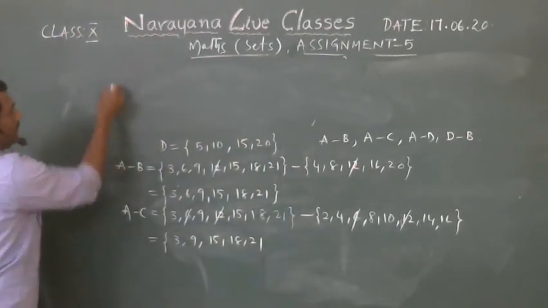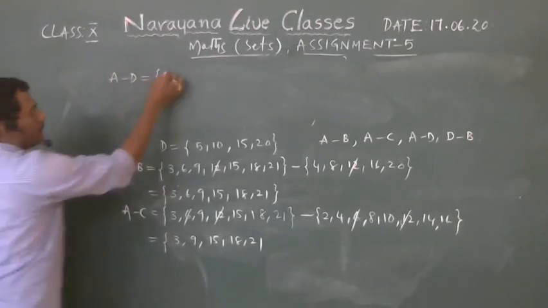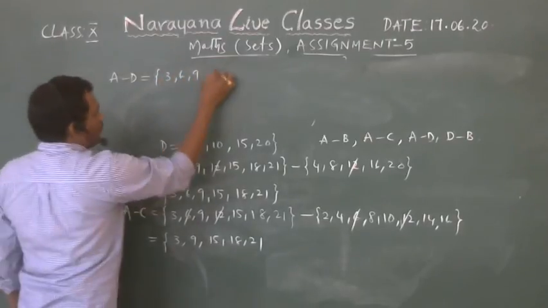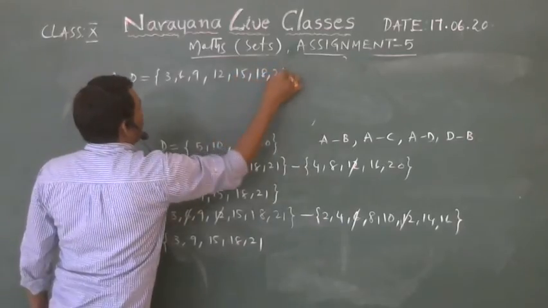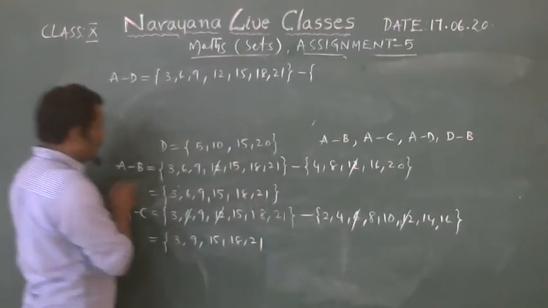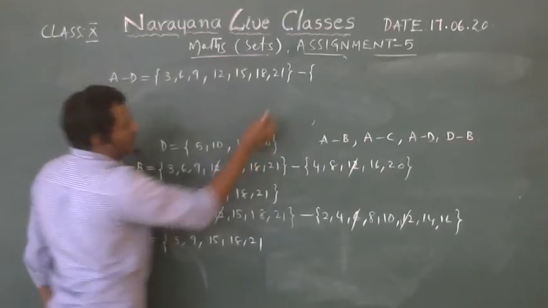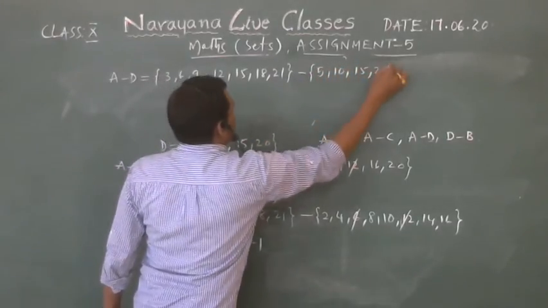So next one, A minus D. Set {3, 6, 9, 12, 15, 18, 21} minus here D value, the set {5, 10, 15, 20}.